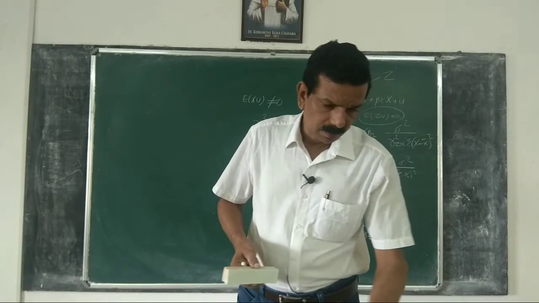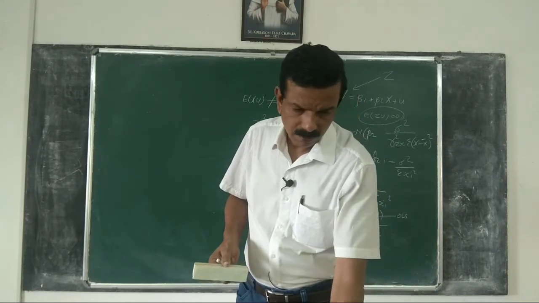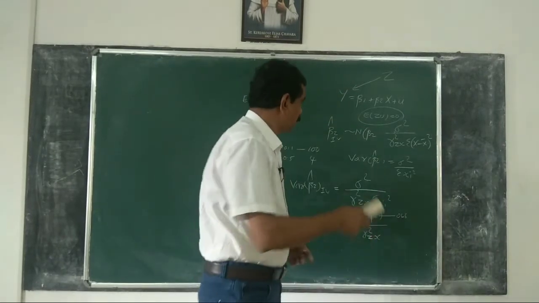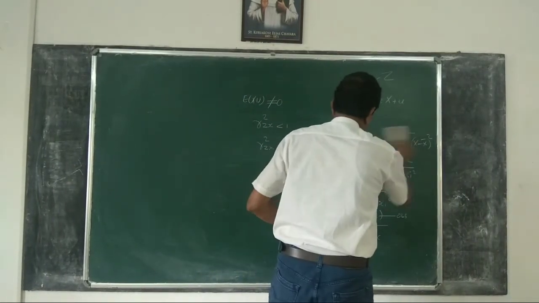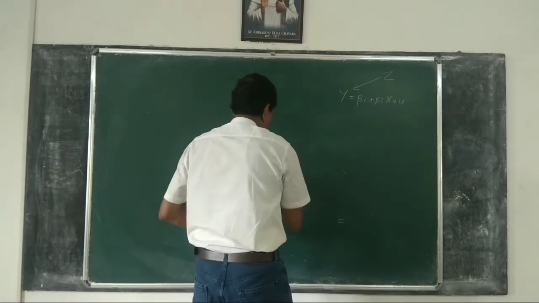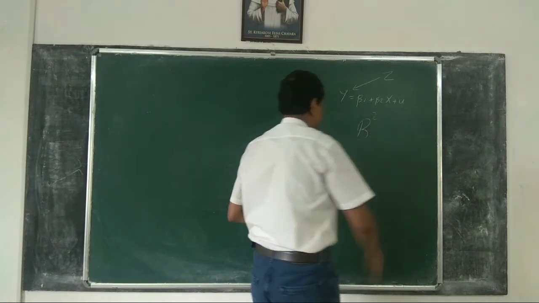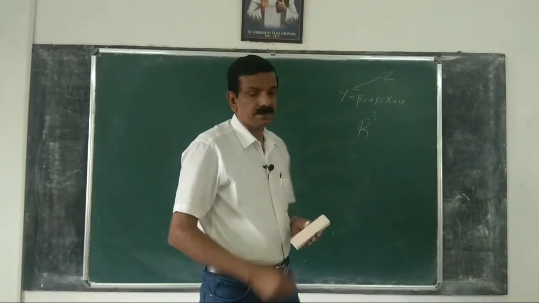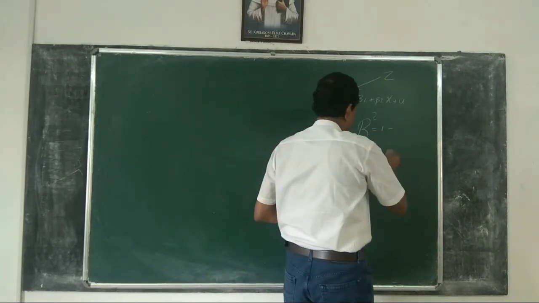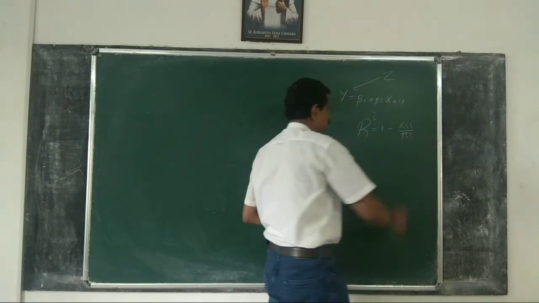Then we have to consider one more issue. We know that after estimating a simple linear regression model, we always calculate R square as a measure of goodness of fit. And R square is equal to 1 minus RSS by TSS, something known to us.